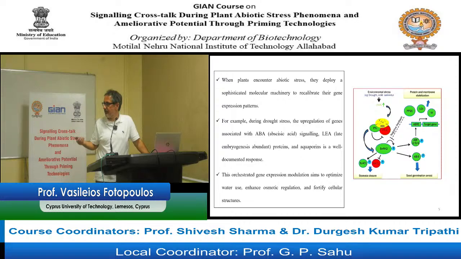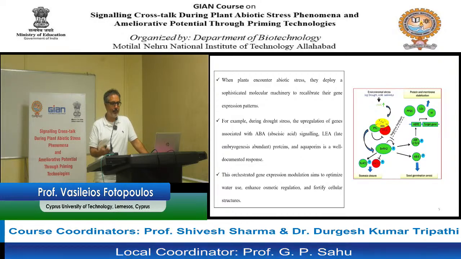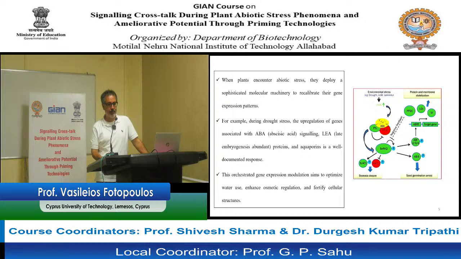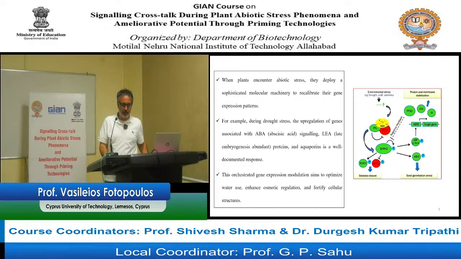So as an example, during drought stress, the induction of the defense-related genes is heavily associated with abscisic acid signaling. This is very common and very well known. Okay? Of course, you can also get some ABA-independent molecular responses in terms of drought conditions, but the main profile is related with ABA signaling.